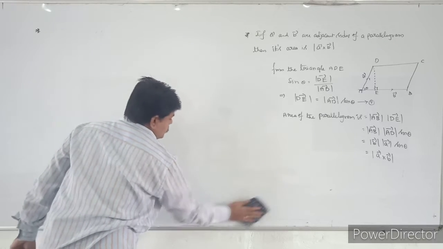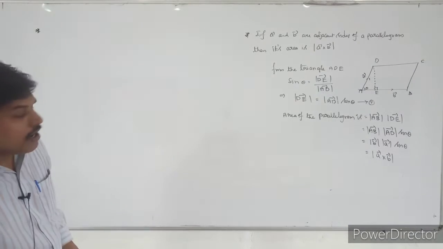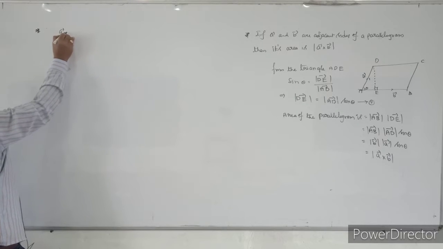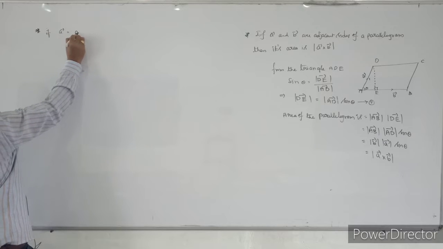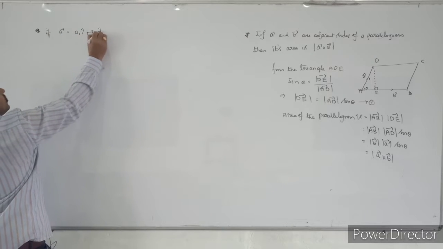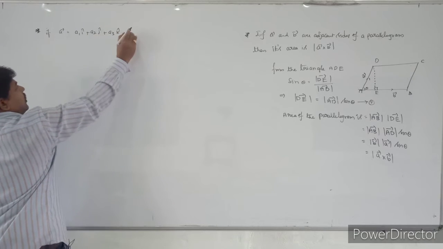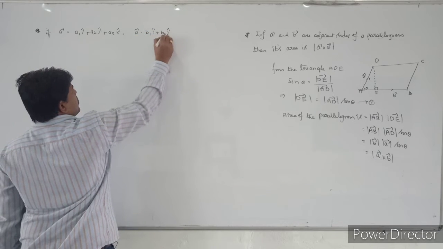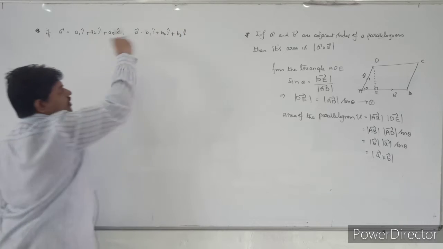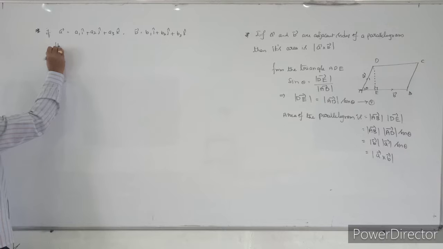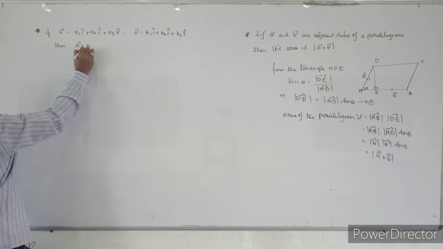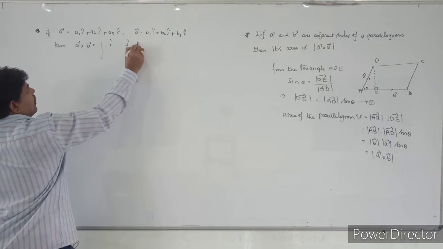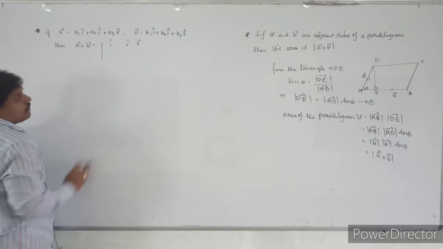Similarly, if A bar is equal to A1 i plus A2 j plus A3 k, and B bar is equal to B1 i plus B2 j plus B3 k, if they are given in the component form, then A bar cross B bar is equal to the determinant of i, j, k.